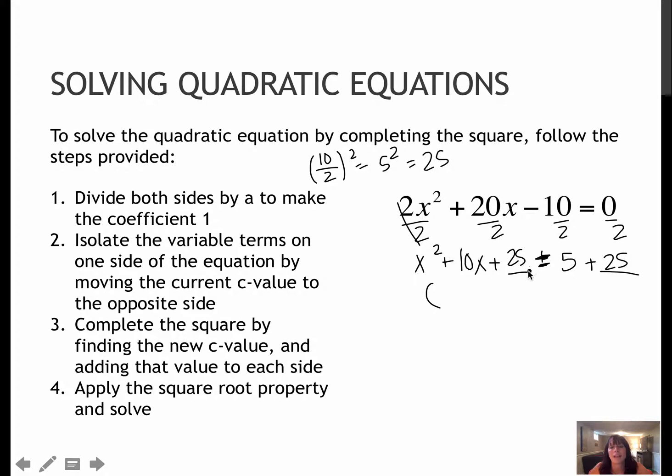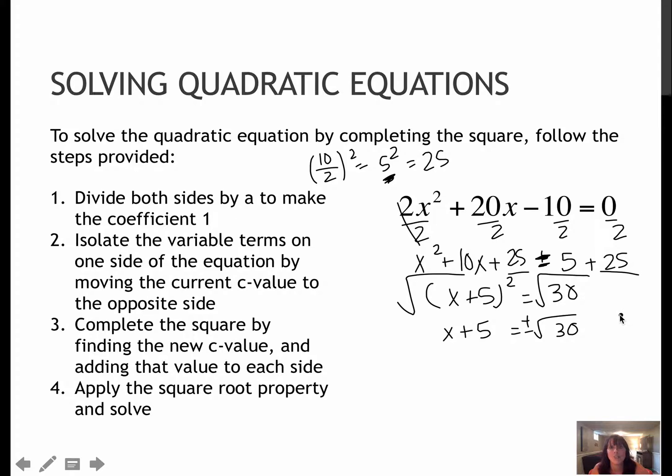This side factors into a perfect square of (x plus 5). Remember that 5 comes from right here. This side is 30. Now I'm going to take the square root of each side. The square root of this side gives me x plus 5. The square root of 30 really cannot be broken down, so it's just plus or minus the square root of 30.